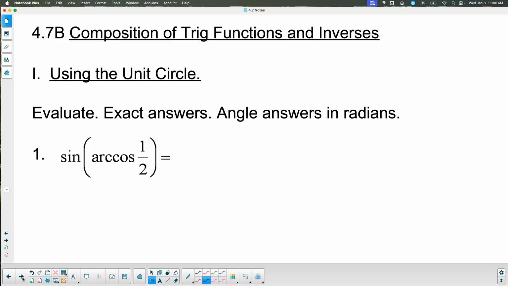Either way, they're all done in the exact same way. We start on the inside. Start inside, work out.